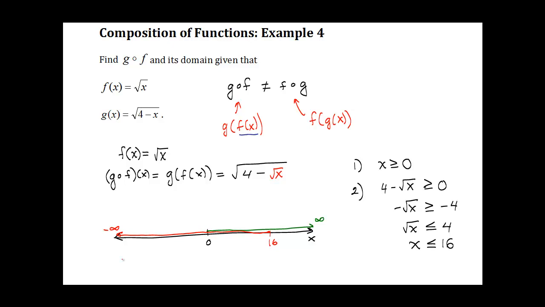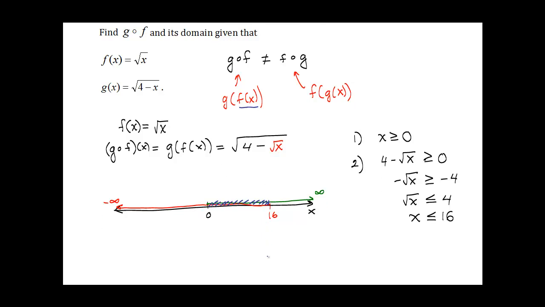So you can see how there's a common area which incorporates both of these intervals. And that would be from including 0 all the way to including 16.